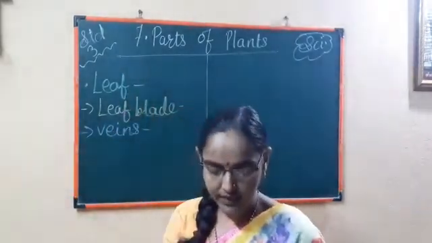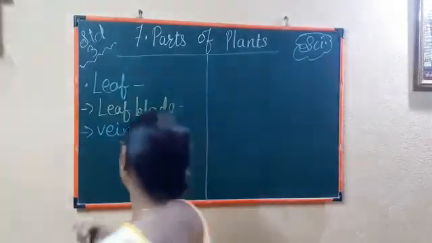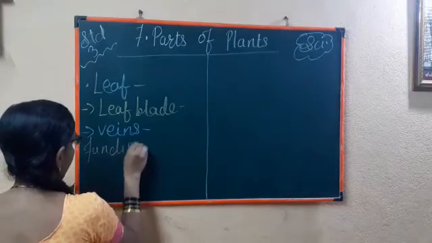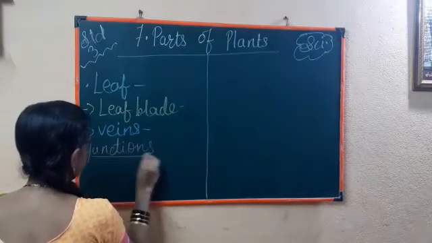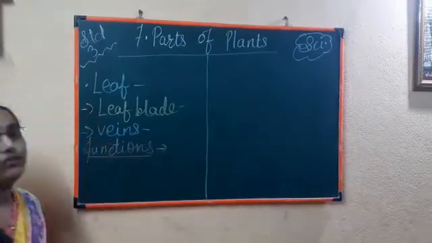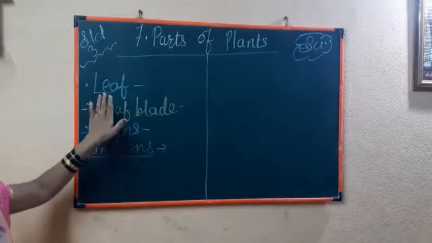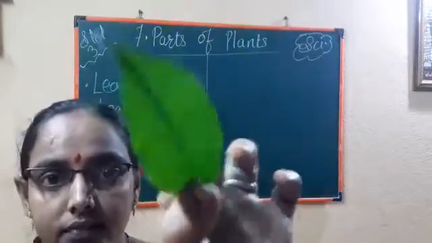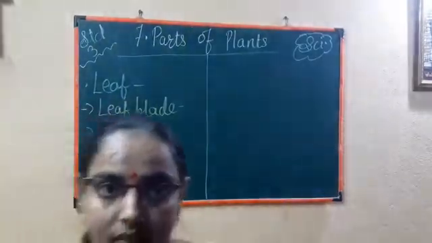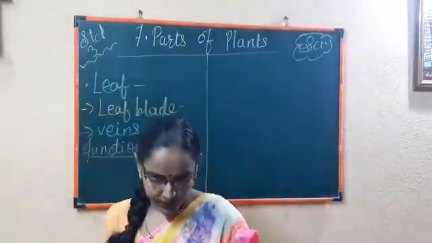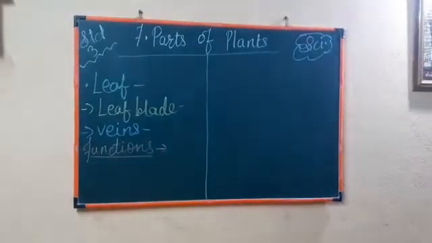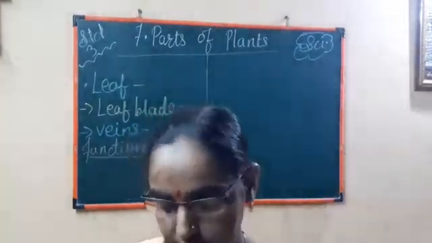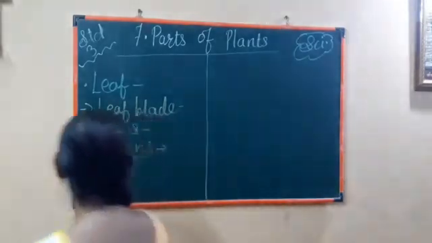And now we are going to see the functions. What is the work done by the leaf? That we are going to see now. Actually, this leaf is called the kitchen of the plant.